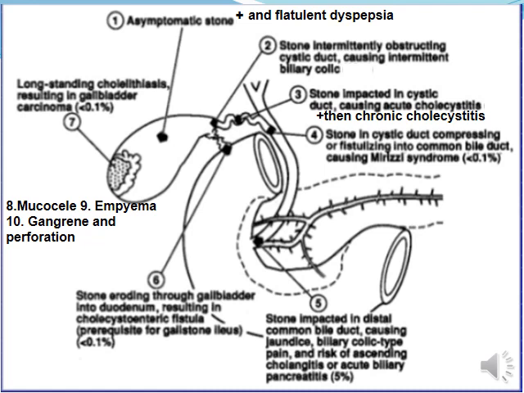Gallstone might present with different presentations, from asymptomatic to flatulent dyspepsia, biliary colic, acute cholecystitis, chronic cholecystitis, Mirizzi syndrome, obstructive jaundice, cholangitis, pancreatitis, gallstone ileus, malignancy in the gallbladder, mucocele, empyema, gangrene, and perforation of gallbladder. So different presentations, as I already mentioned in the slide.